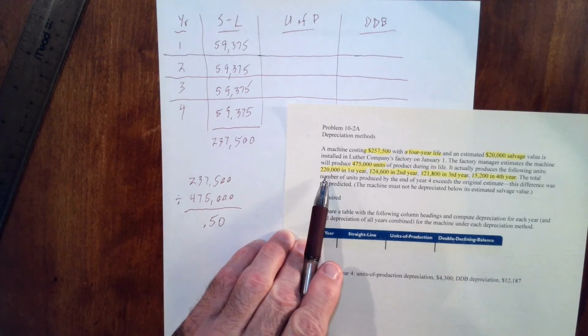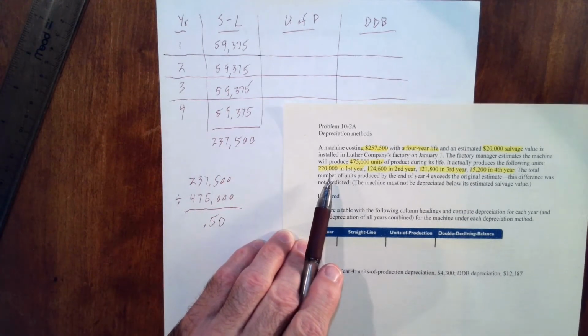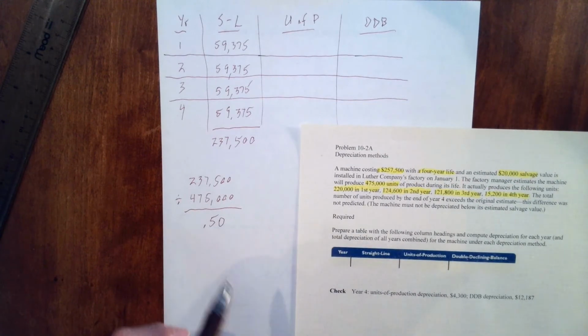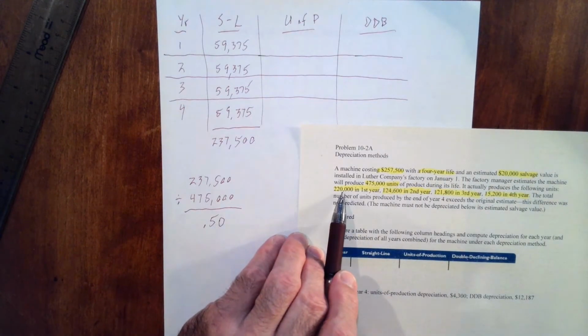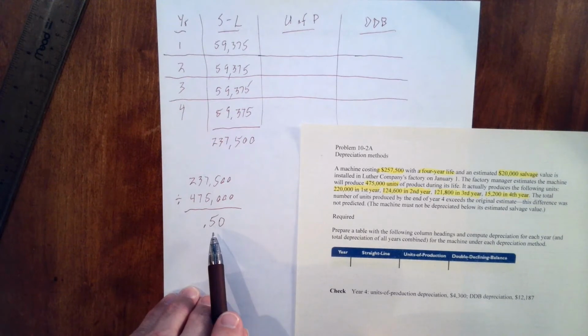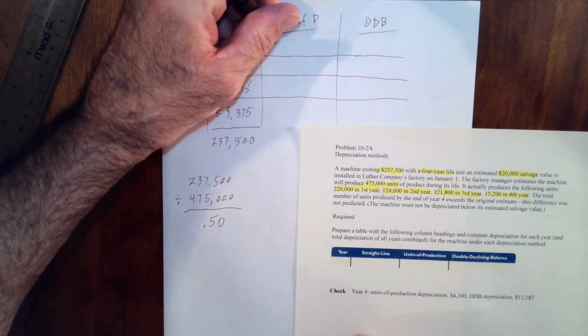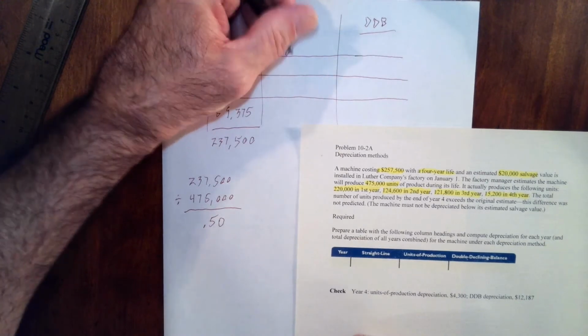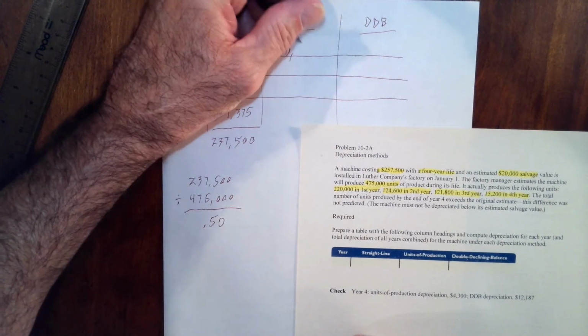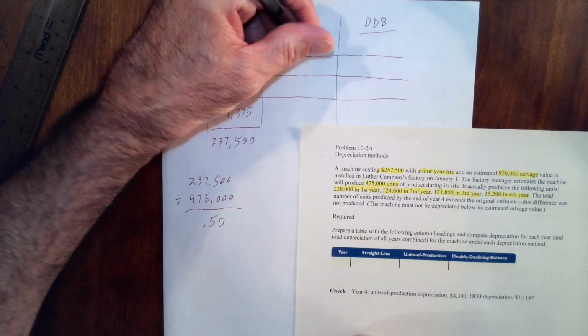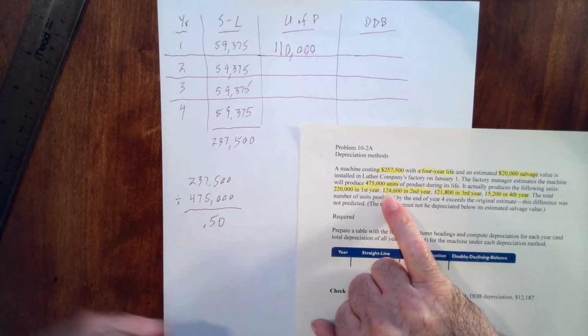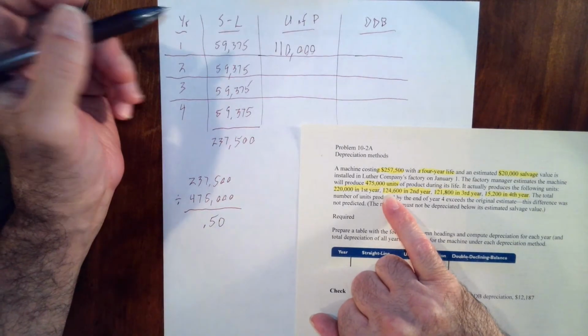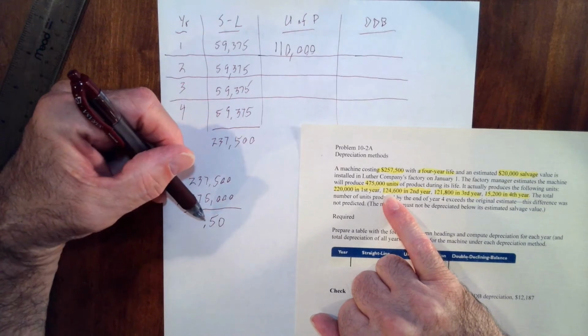Okay? Everybody follow along with this logic? So 220,000 units times 50 cents is going to be 110,000, right? So it's quite literally half of the number of units, but in the calculation. Okay, next, 124,600 for the second year times 50 cents per unit.